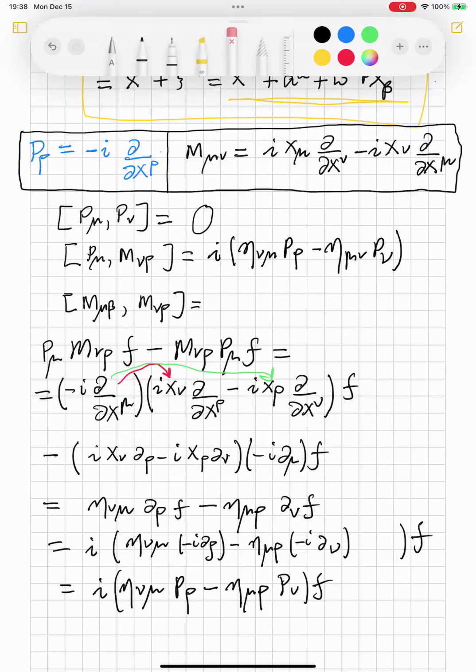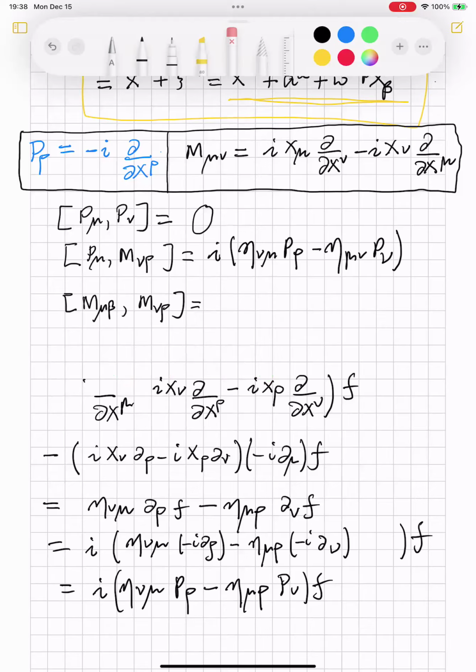The last commutator, I'm just going to quote, and you should go ahead and check it. Who knows? Maybe I got the sign wrong, so please do check it. Make sure you agree with the answer that I'm going to write down now. So let's put the answer down.